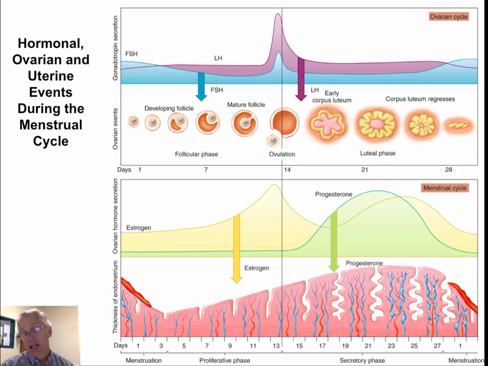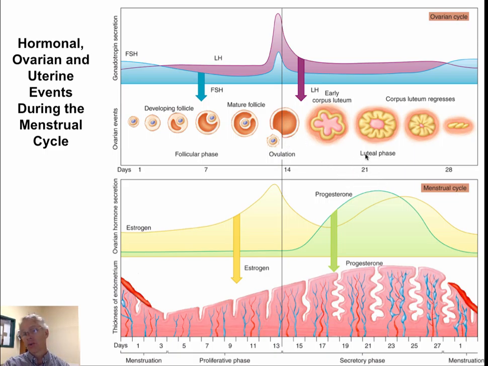What we see is that over the course of the menstrual cycle, the egg is maturing and being released by ovulation, at the same time that the uterine lining is starting to get thick and starting to fill with blood vessels. It takes about a week for an ovulated egg to move through the uterine tube, the fallopian tube, and reach the uterus.